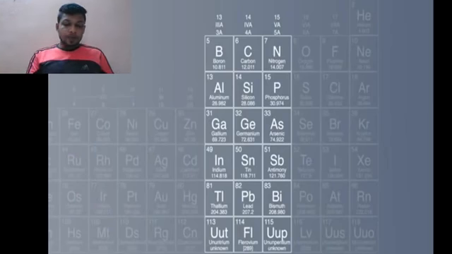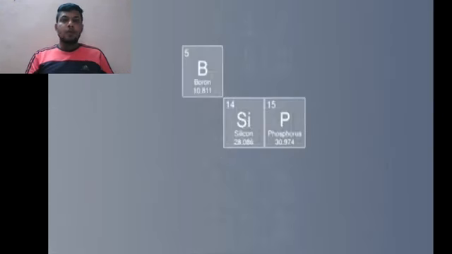So the 13th and the 15th groups have to be used in this process, referred to as doping. Boron and phosphorus are very suitable elements in these groups. These are very close to silicon on the periodic table and therefore have similar properties.